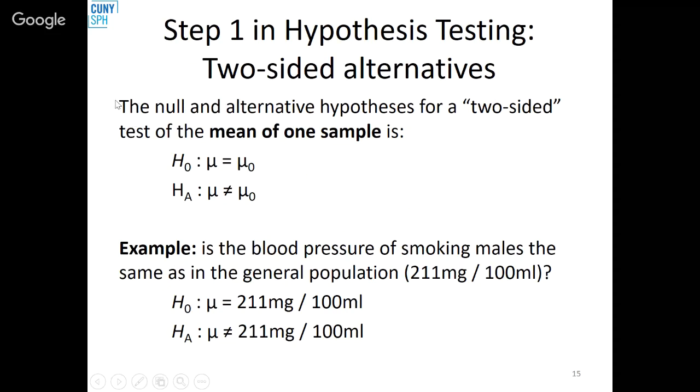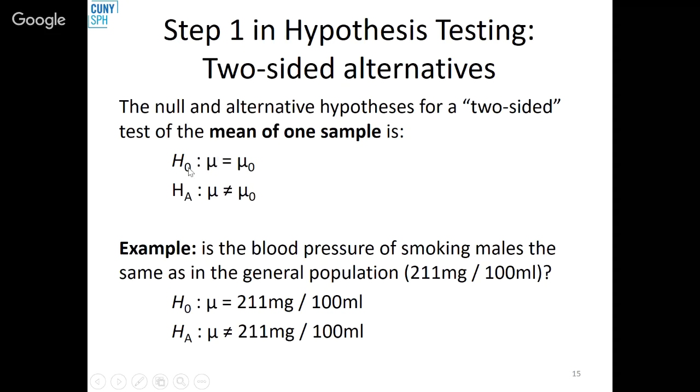And I'd like you to write these down in a really simple, really formal way, just like this. So here's a set of hypotheses for a so-called two-sided test for the mean of one sample. And I call it two-sided because we're going to use both tails of the sampling distribution, the Z distribution or the T distribution, but this is just for the mean of one sample.